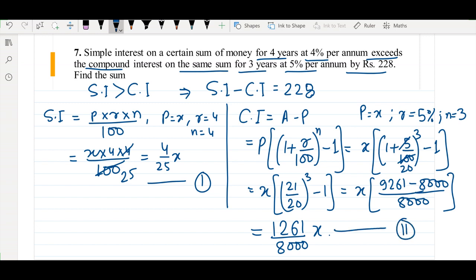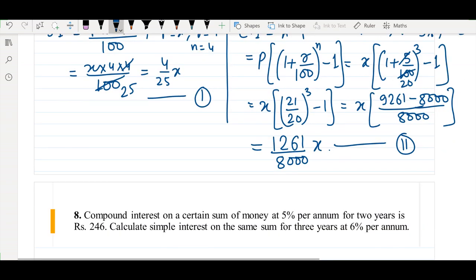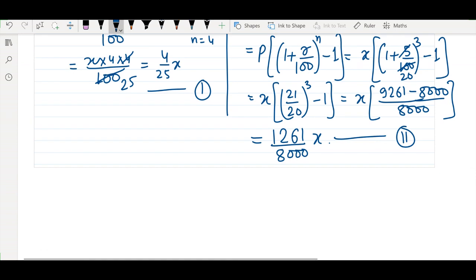From equation number 1 and equation number 2 and the condition, this is the condition: SI minus CI is 228. So let's calculate their difference from 1 and 2.